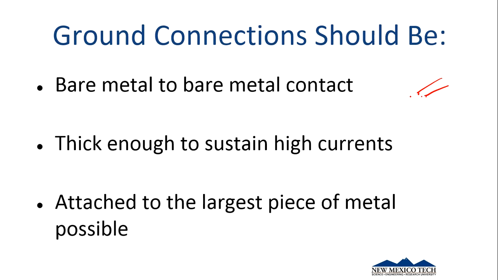There's no insulation, there's no paint, none of that stuff, because that's going to mess things up. You want a nice short solid path to ground without anything else in the way.